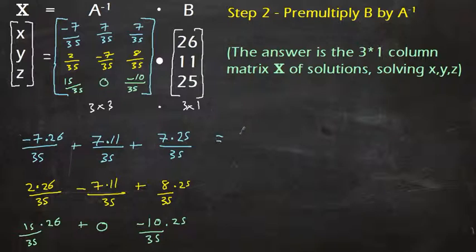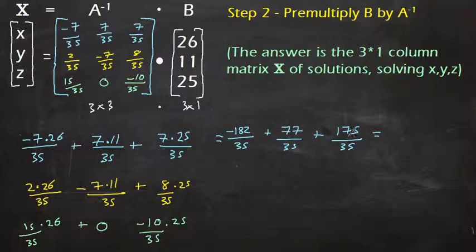So clean that up a bit. Minus 7 times 26, or 7 2s are 14, so 7 20s are 140, 7 6s are 42. That's minus 182 over 35, plus 77 over 35, plus 7 25s, or 4 25s is 100, so that's 175 over 35. Because they've all got the same denominator, they're easy to add. 182 plus 77, that's 105, but it's minus 105.